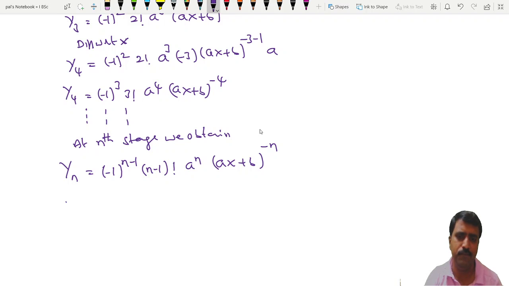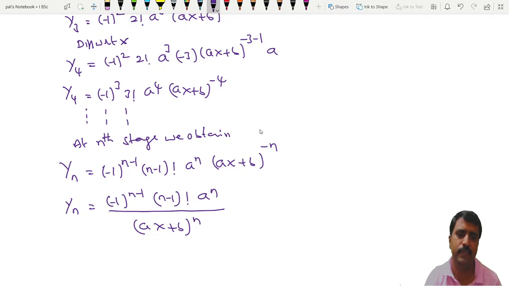So therefore yn can be written as minus 1 to the power n minus 1, n minus 1 factorial into a to the power n, divided by ax plus b to the power n.